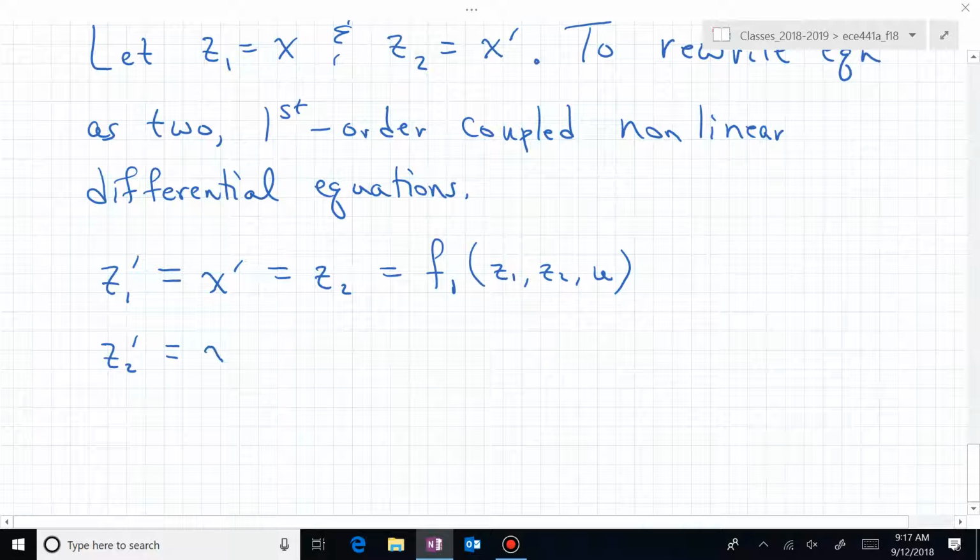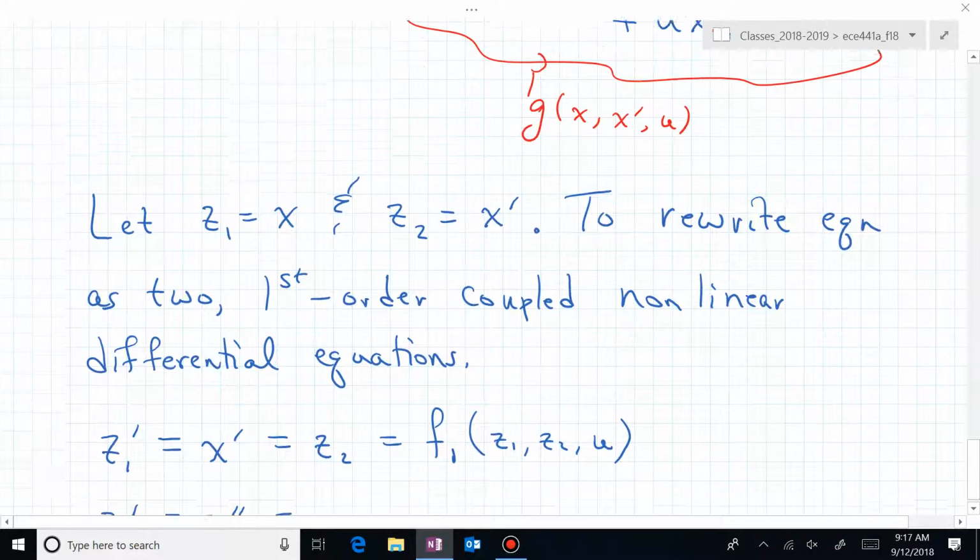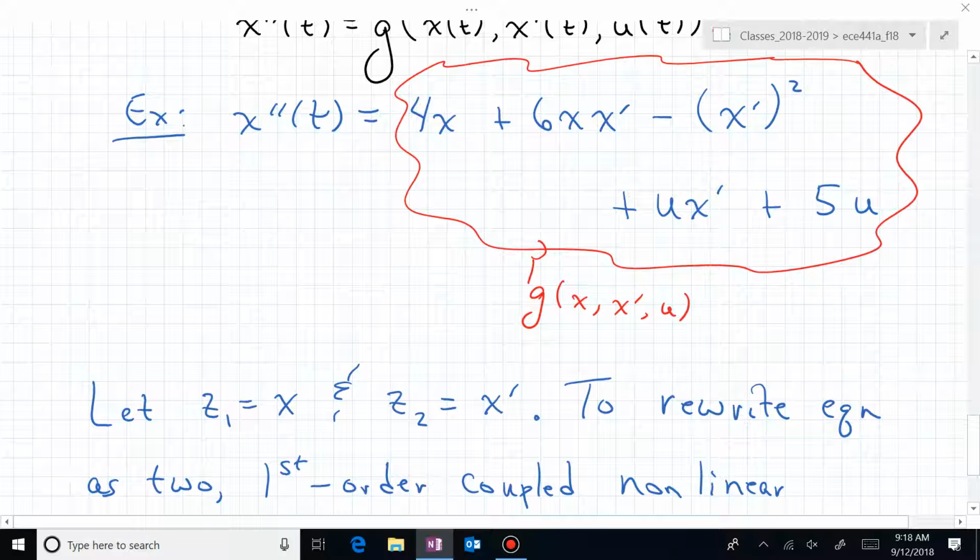z sub 2 prime is x double prime, and that's our messy right-hand side, isn't it? Now we just rewrite that right-hand side in red in terms of z1 and z2, how I've defined them. So I now have a 4 times z sub 1 plus a 6 z1 z2 minus a z2 quantity squared plus u z2 plus 5u. Is that right?